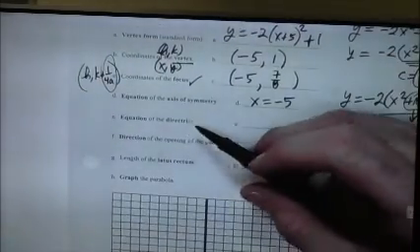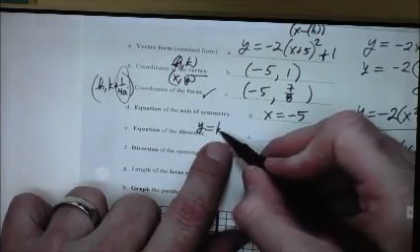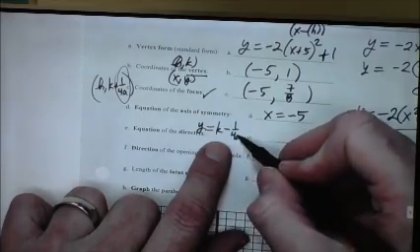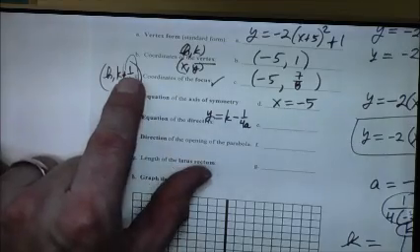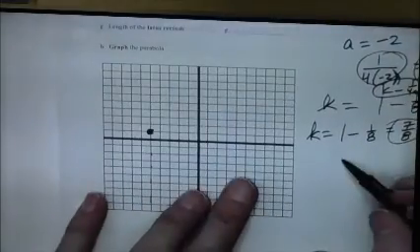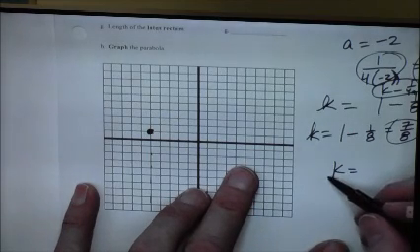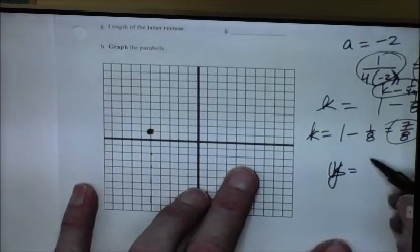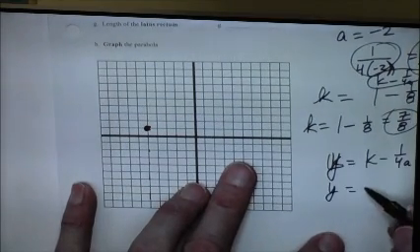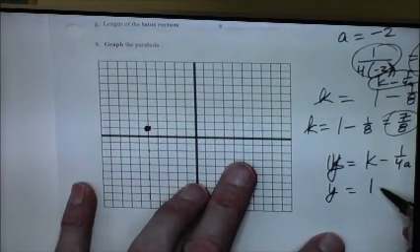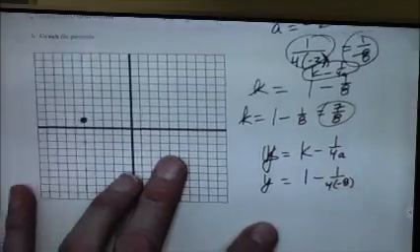Okay. The equation of the directrix is y equals k minus 1 over 4a. Oh, so it's just like this except it's a minus. So let's figure that out. y equals k minus 1 over 4a. y equals 1 minus 1 over 4 times -2.